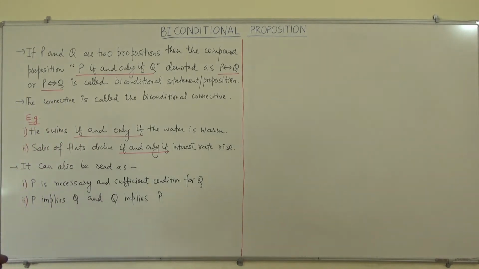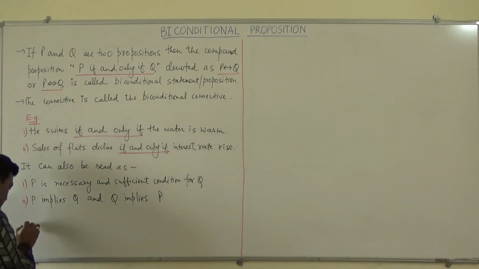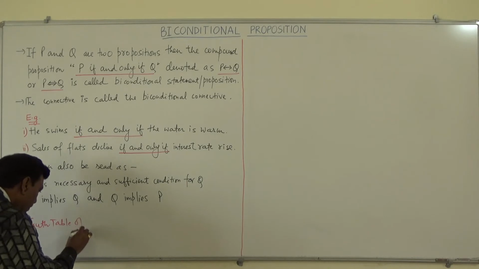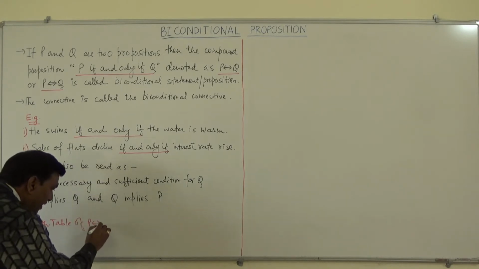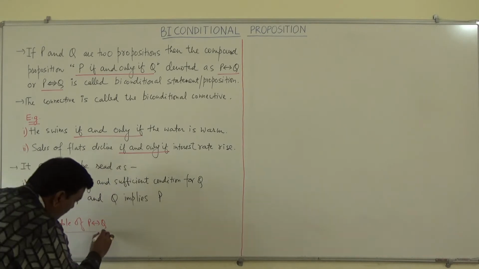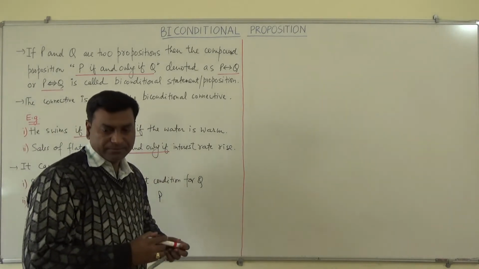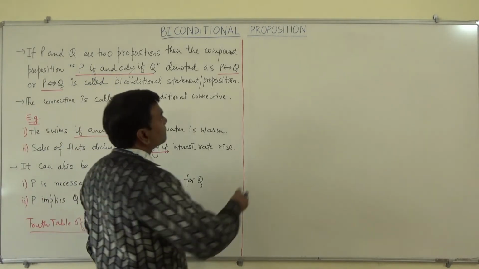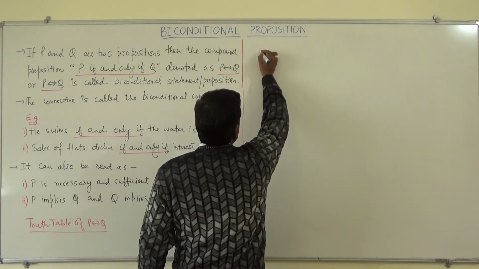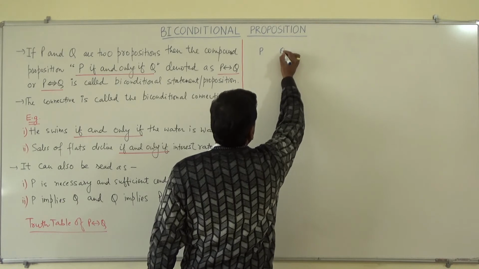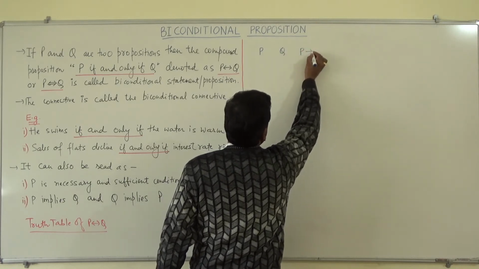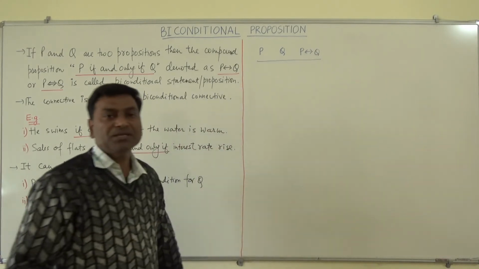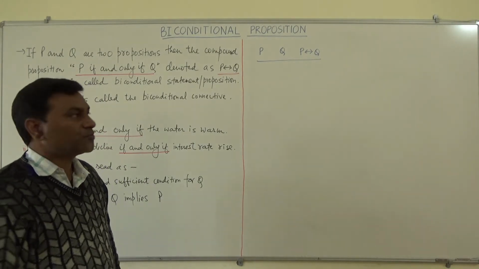Now we will see its truth table, the truth table of P biconditional Q. So this is P, then Q, and then P biconditional Q. If P is false and Q is false, then this is true.